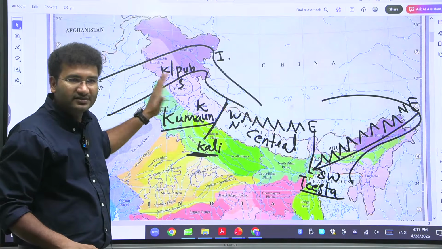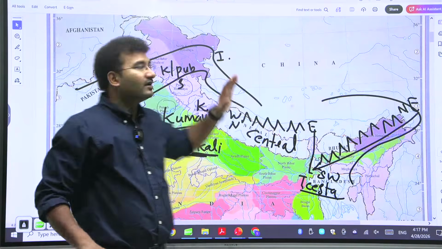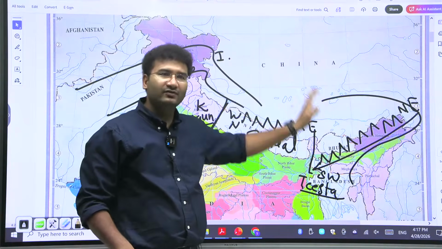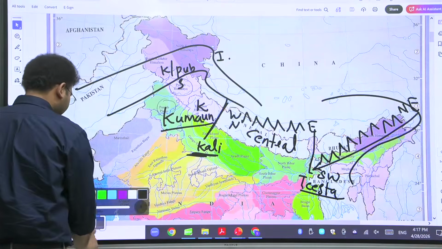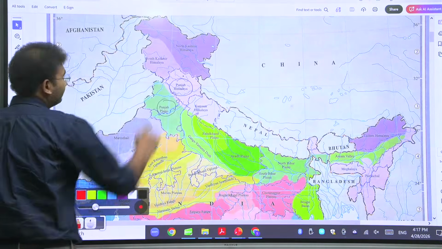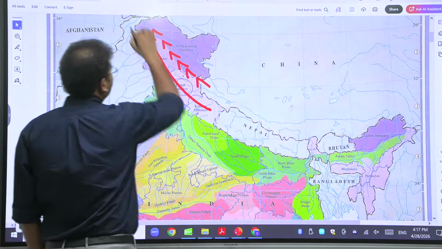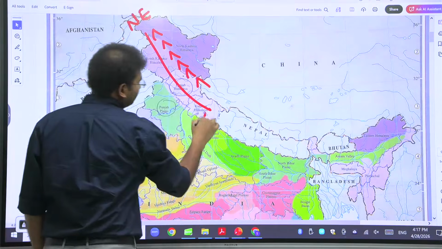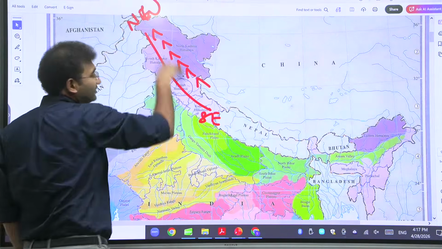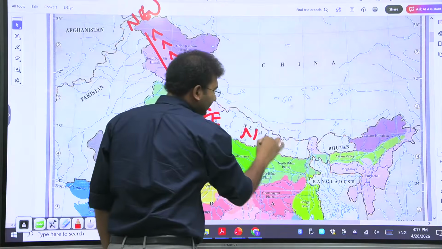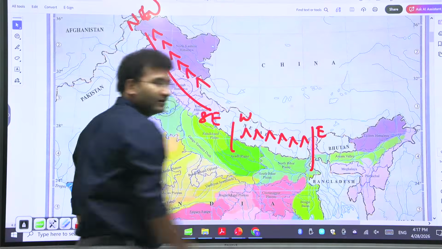Indus, Sutlej, Kali, Teesta, Brahmaputra. This is the longitudinal division of the Himalayas, right? Orientation you need to check. Look at the orientation. See here, the orientation in the Western Himalayas is from southeast to northwest direction. The orientation in the Central Himalayas is east to west, right?